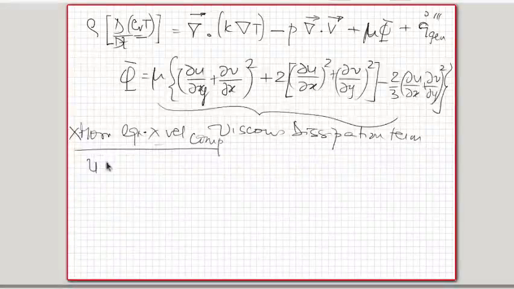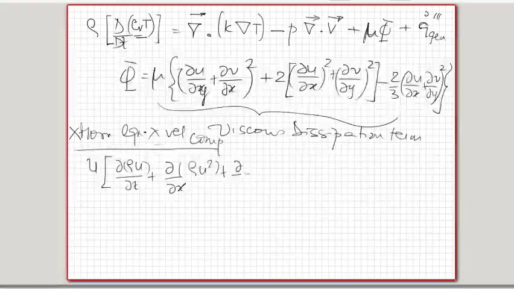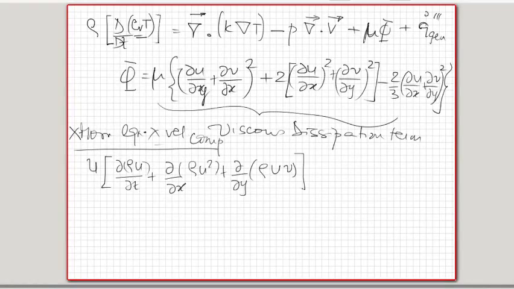So that will be u multiplied by the left hand side of this equation: ∂(ρu)/∂t plus ∂/∂x of ρu squared plus ∂/∂y of ρuv. First of all, let us take out the continuity equation from this.